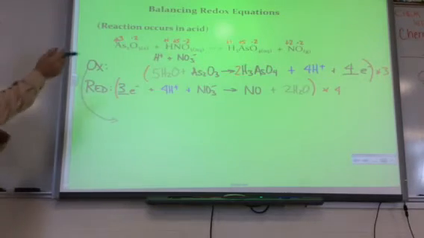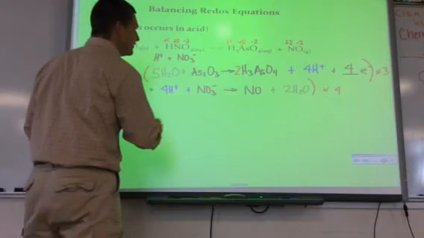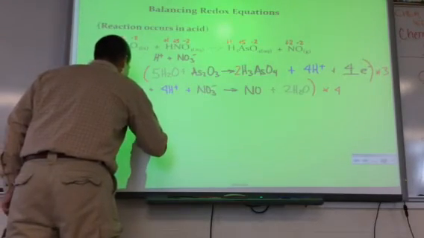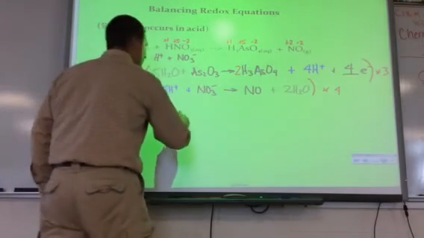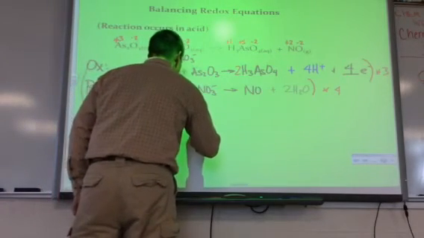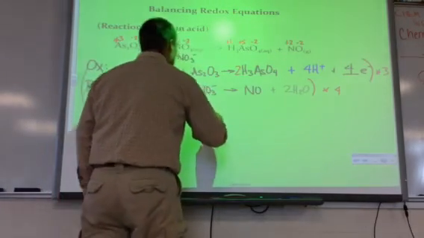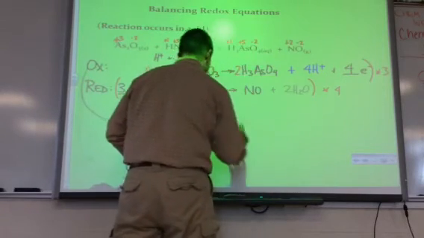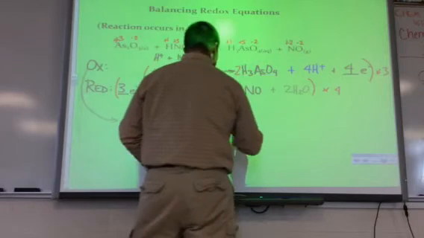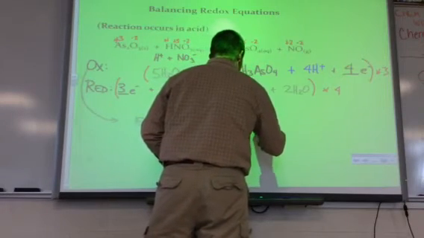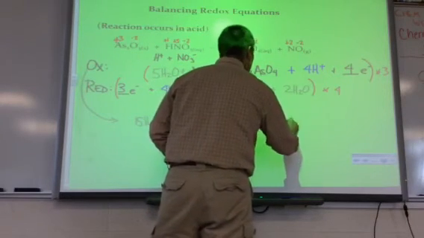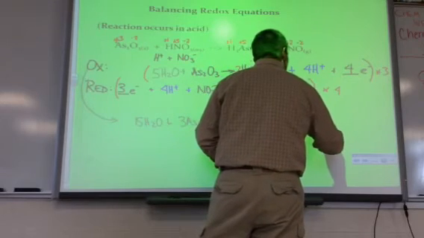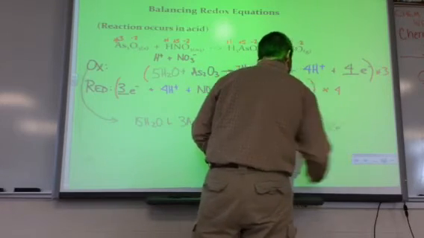Let's rewrite these things, distributing the 3 and the 4 in very little time. So with the 3, I've got 15 waters and 3 As2O3s, not plus, yields 6 H3AsO4s and 12 hydrogens and 12 electrons.